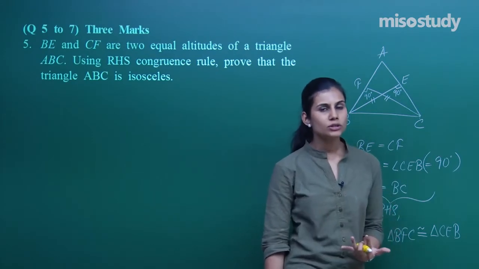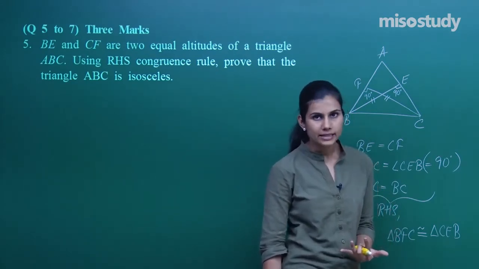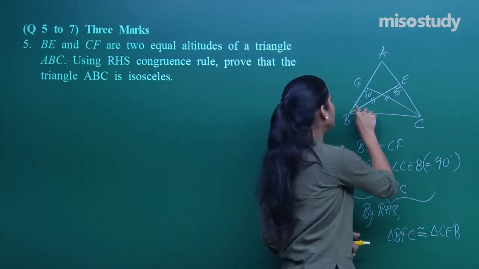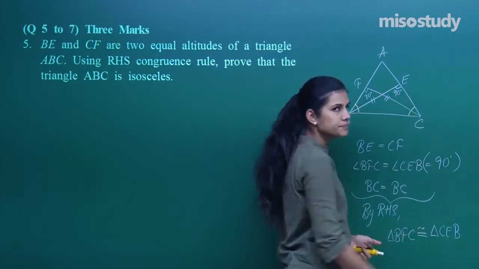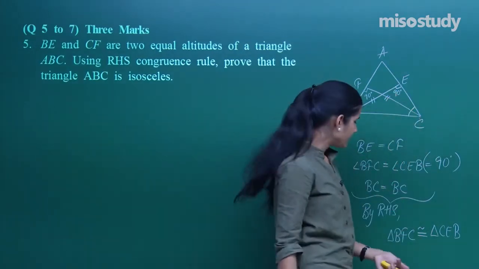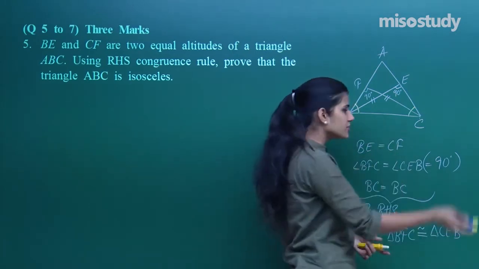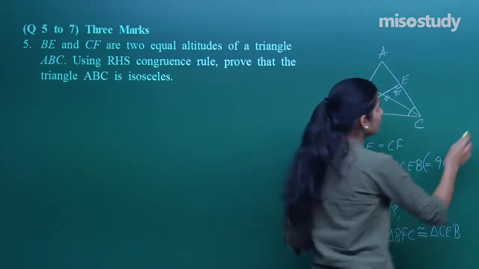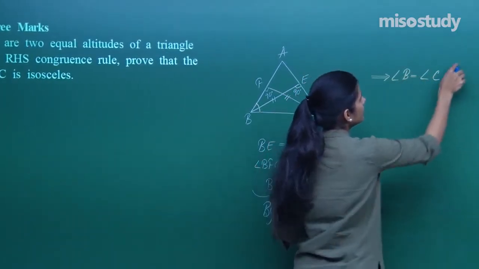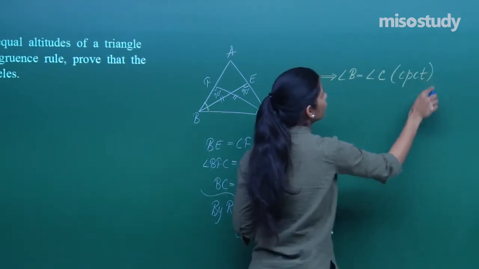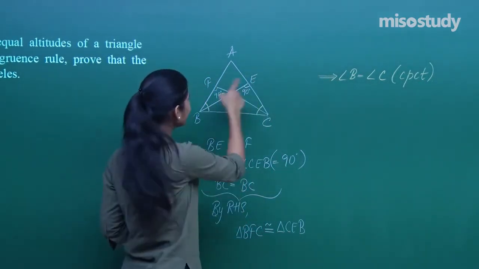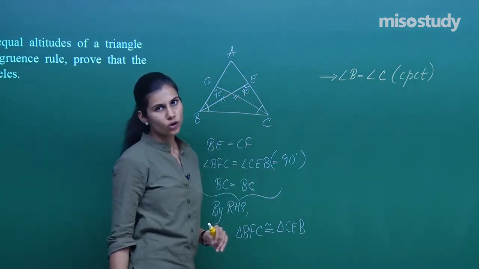Three more equalities are going to come up as the corresponding angles are equal. So angle at B will be equal to angle at C. This angle will be equal to this angle. Angle at F will be equal to angle at E, which already we have. Angle at C will be equal to angle at B, which is again the same thing. So majorly I want angle at B equal to angle at C because of corresponding parts of congruent triangles. The moment you have two angles same, sides opposite to two equal angles are also equal.